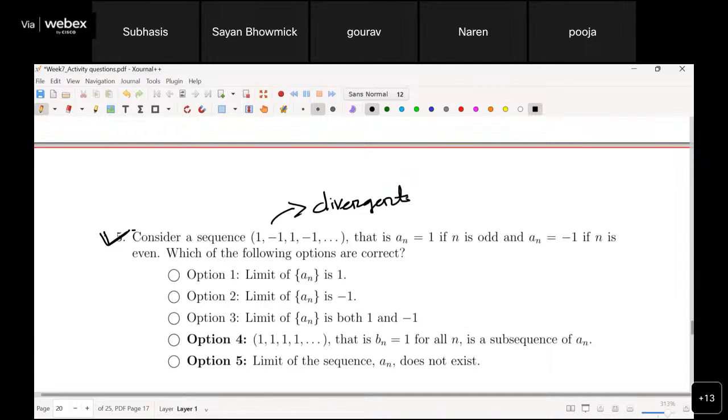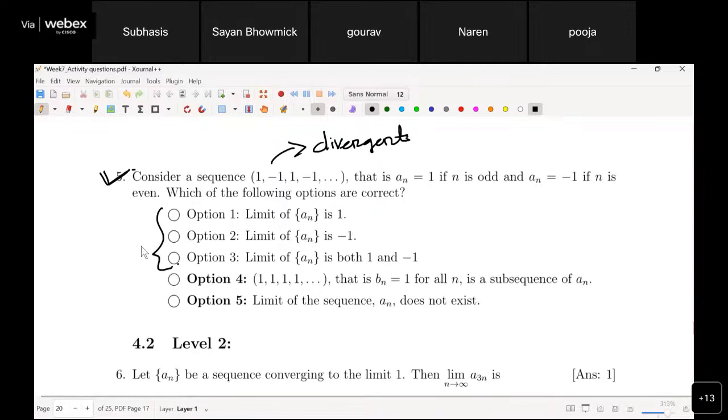Correct, the limit doesn't exist, so all these options are incorrect. And as you can see, this part is a subsequence of my original sequence.